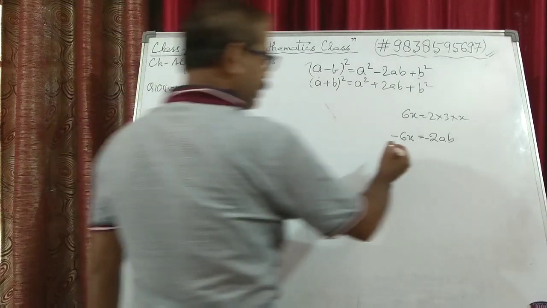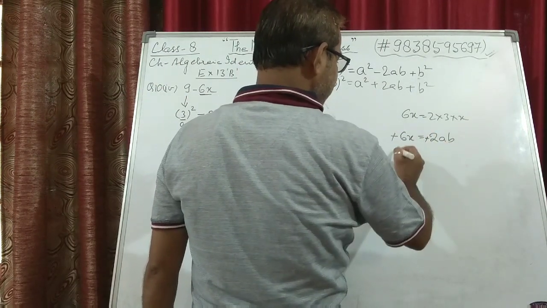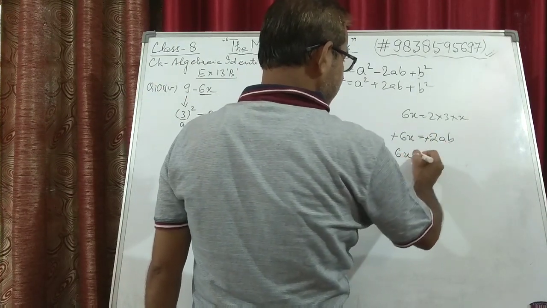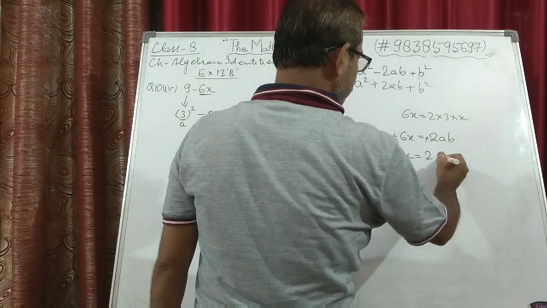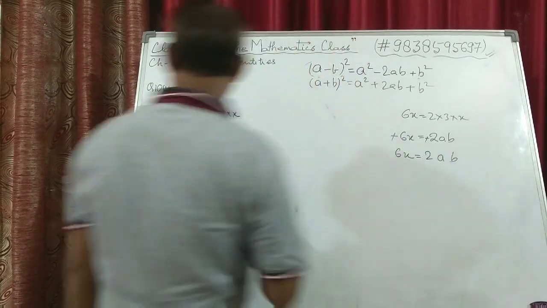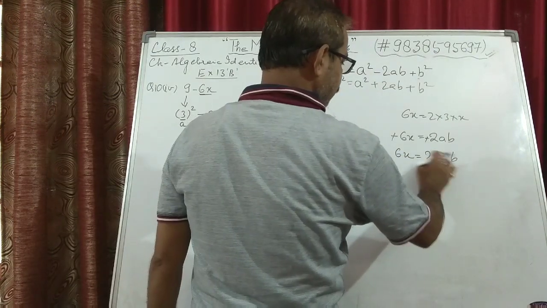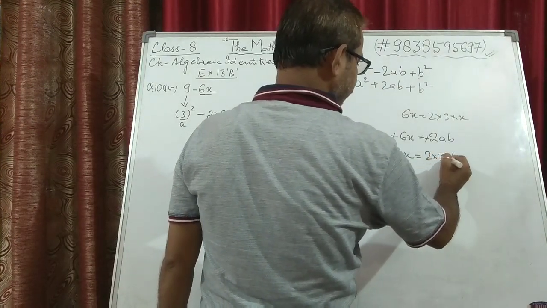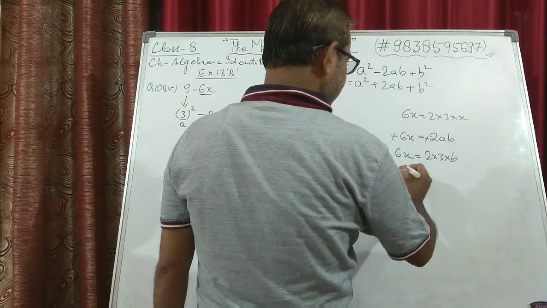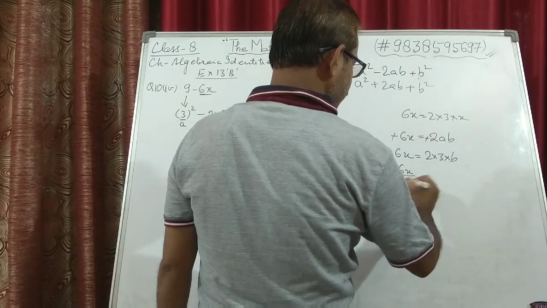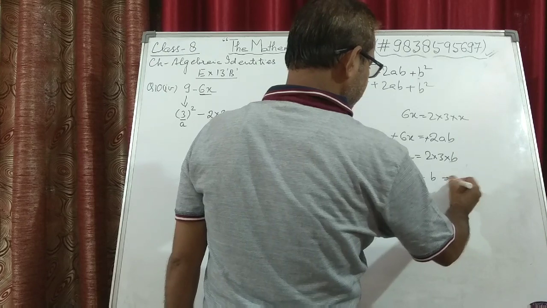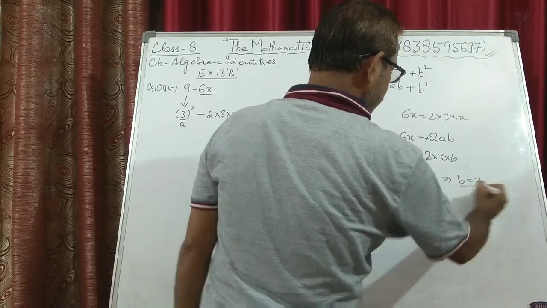When you compare, minus and minus will cancel. 6x is equal to 2ab, and the value of a is already there, that is 3. So in place of a we will write 3, and you will get 6x upon 6 is equal to b, which implies that b is equal to x.